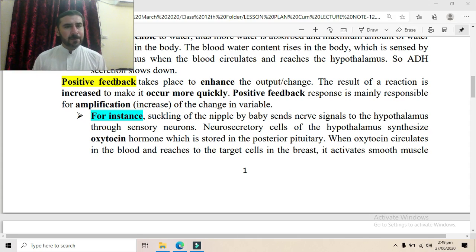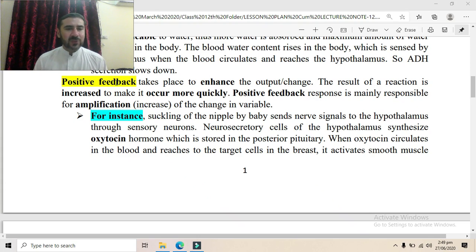by the baby. Whenever the milk production starts, this is again a stimulus for the baby, so the baby will suck the nipples even more, and as a result this message will again be transmitted to the hypothalamus. The hypothalamus will again order the posterior pituitary lobe, and more oxytocin will be released, and as a result more signal will be transmitted to the target cells of the breasts, and more milk will be released.